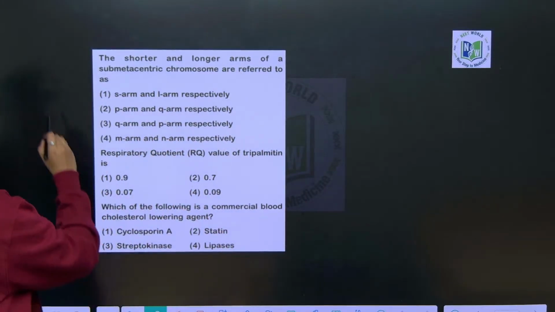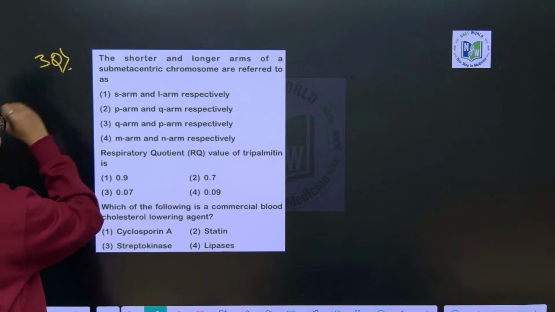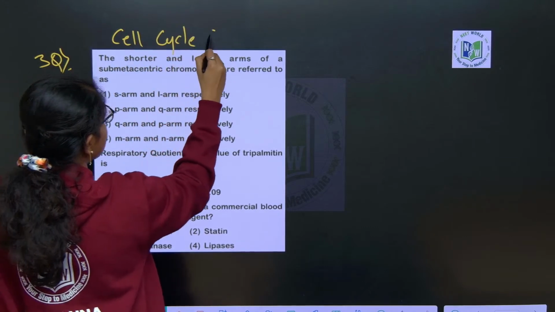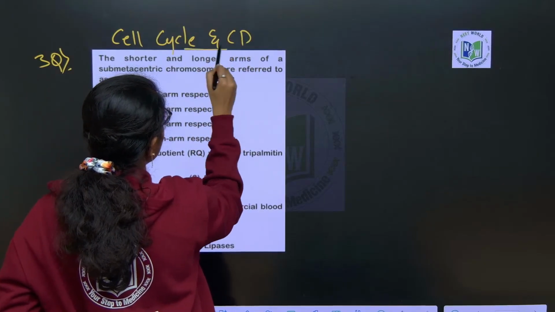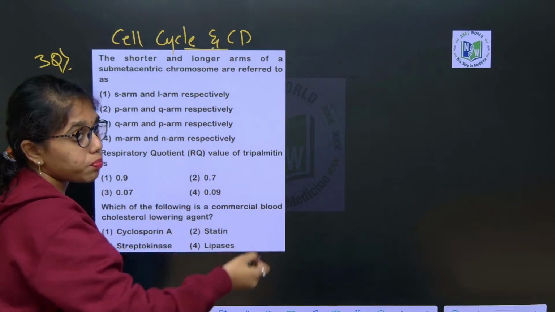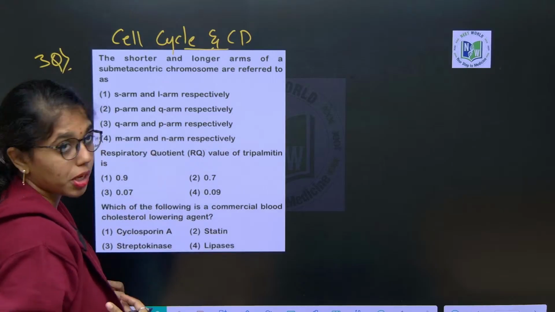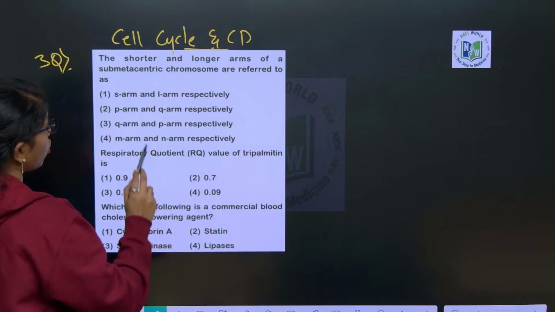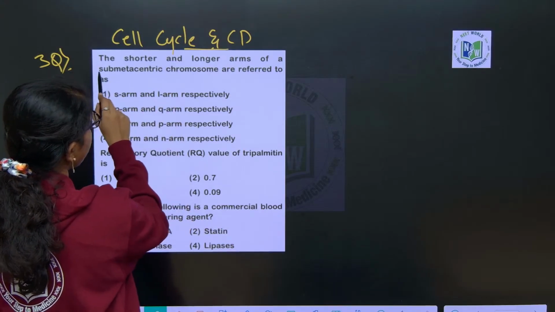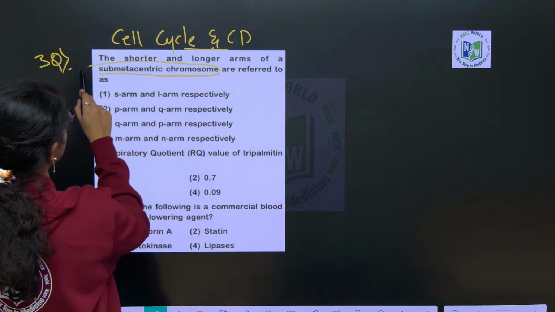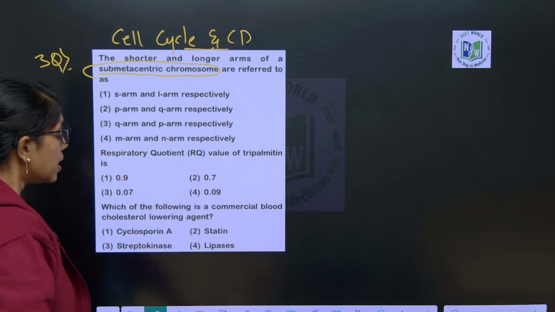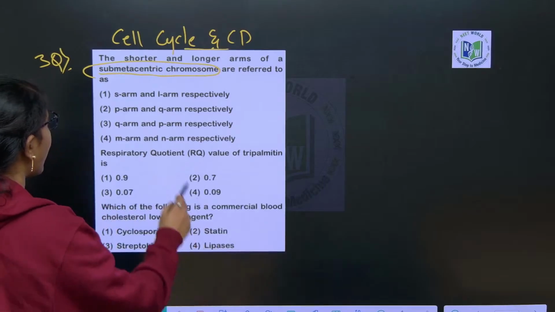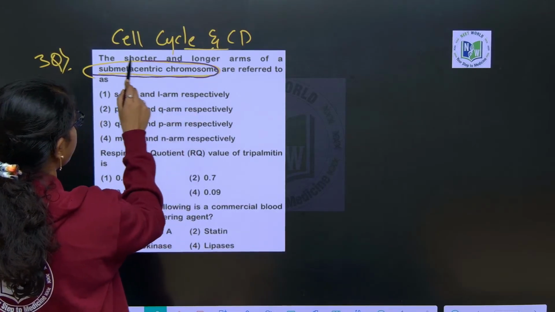The third question is from cell cycle and cell division, on different shapes of the chromosomes. The question is about the shorter and longer arms of a submetacentric chromosome.